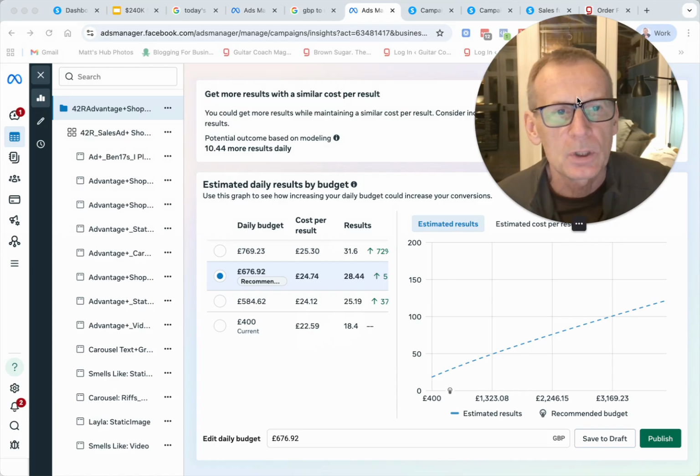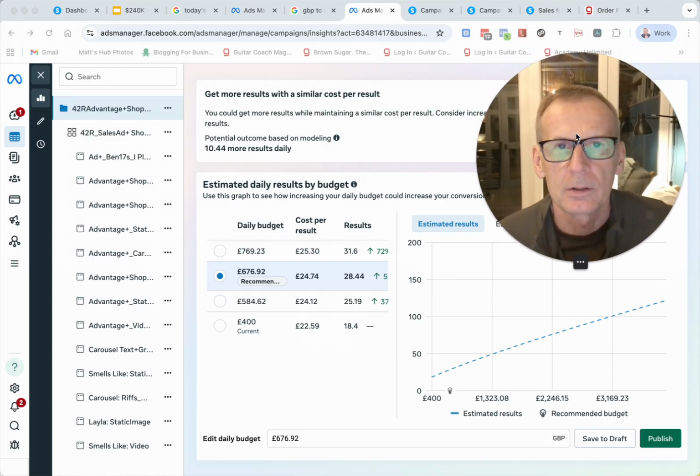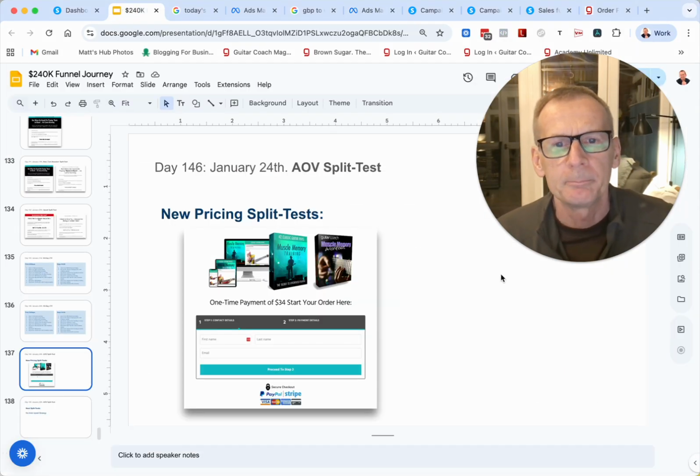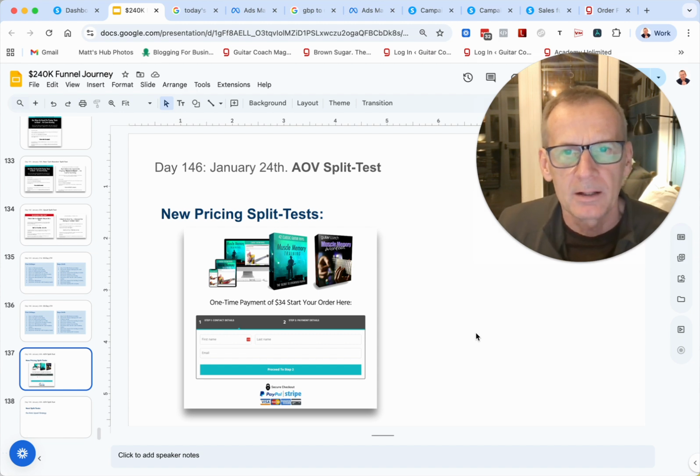So that just really prompted me to do something quickly, and that is to actually split test the price, because when it comes to the things that are going to have the most immediate impact on your average order value, you've got your main offer, you've got your bump, and you've got the upsell.